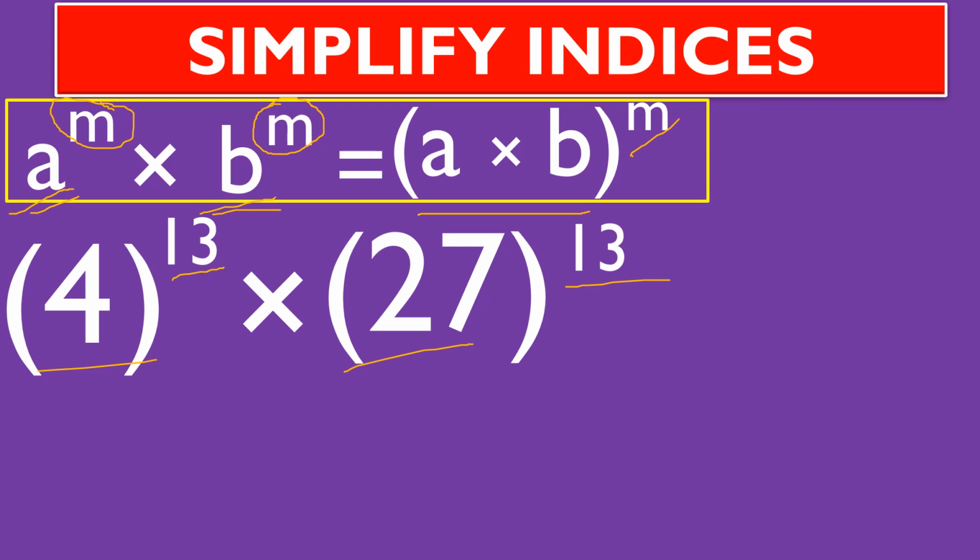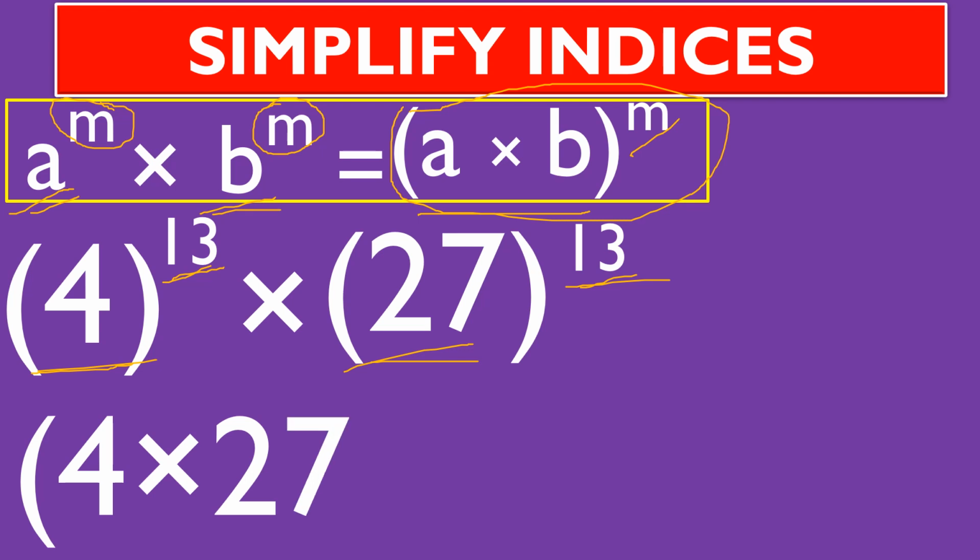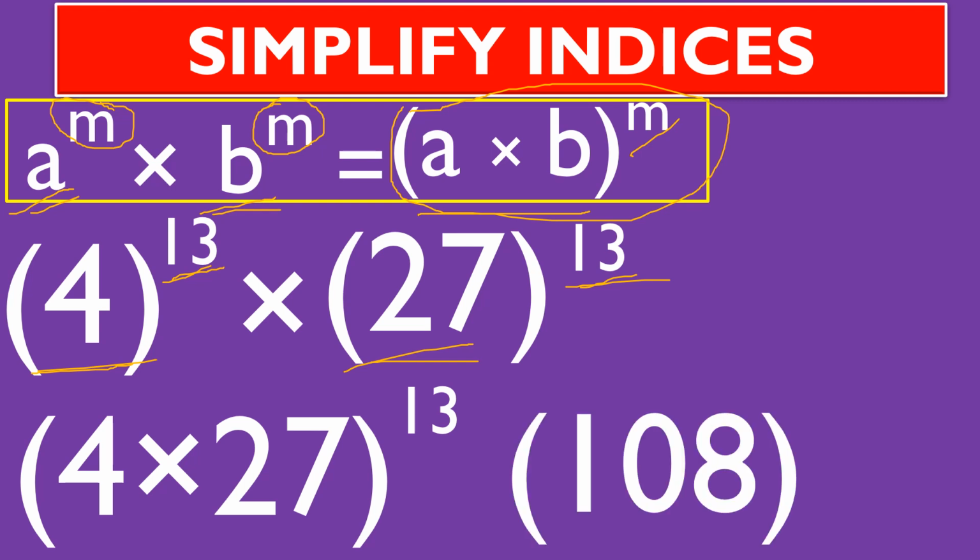When you have different bases that are raised to the same exponent, you can multiply them together and then raise them to the common exponent. So 4 times 27 raised to the power of 13 is our answer. So when we simplify 4 times 27, we have 108 raised to the power of 13.